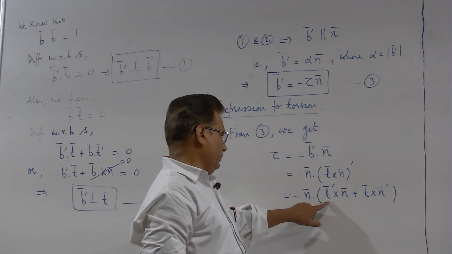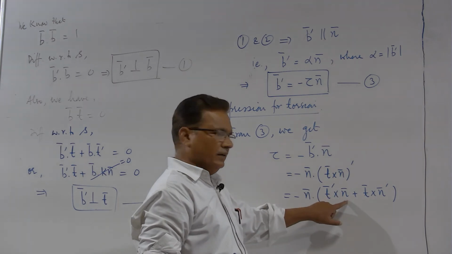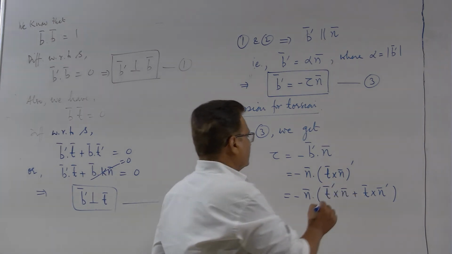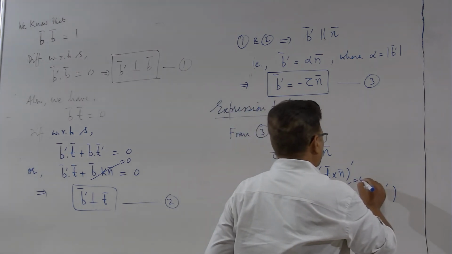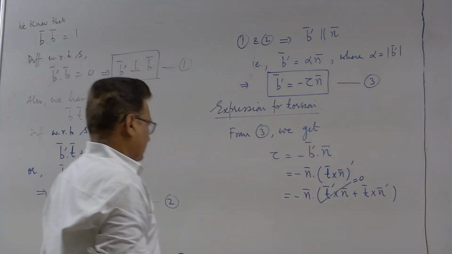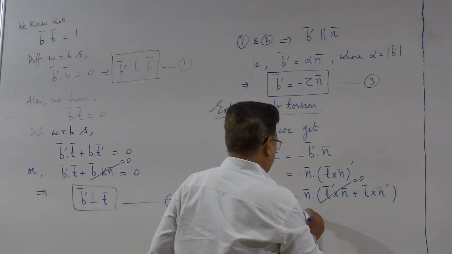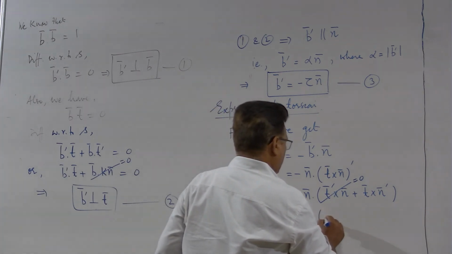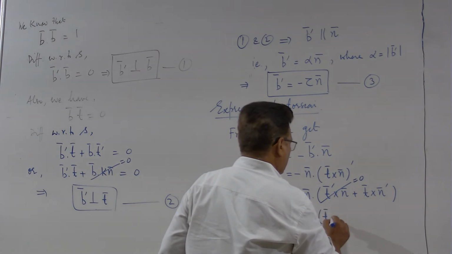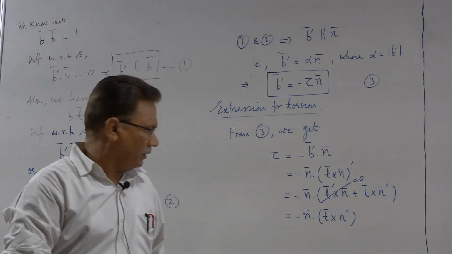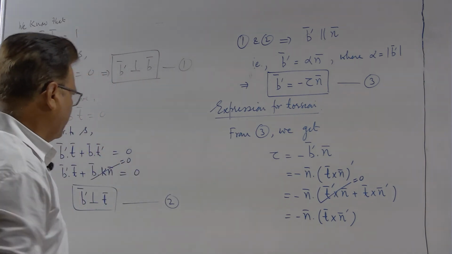So, this becomes the cross product of k n and n, and the cross product of two parallel vectors is 0. So, this first term goes off. So, what you get here is minus n dot t cross n dash. Now, this I will simplify.